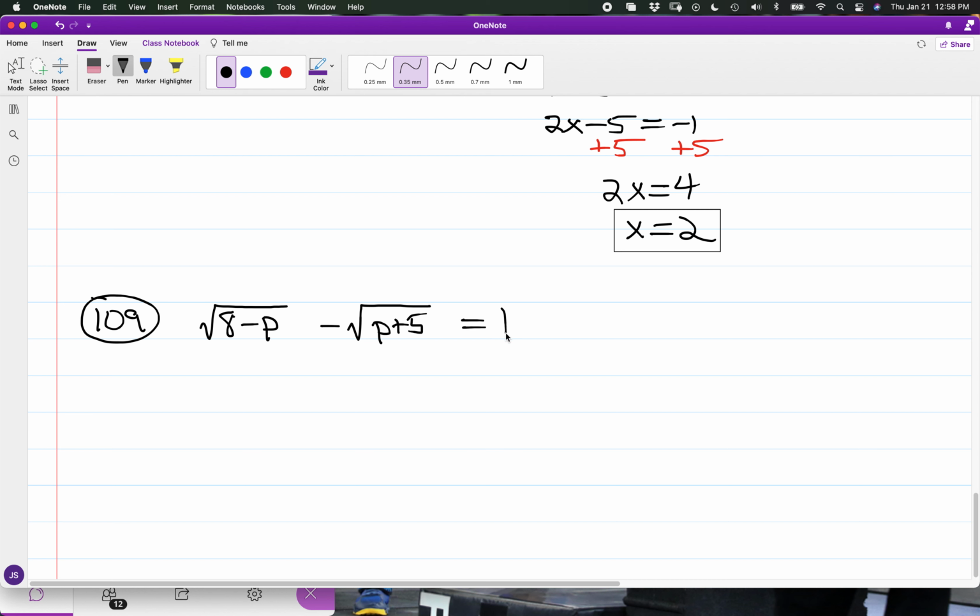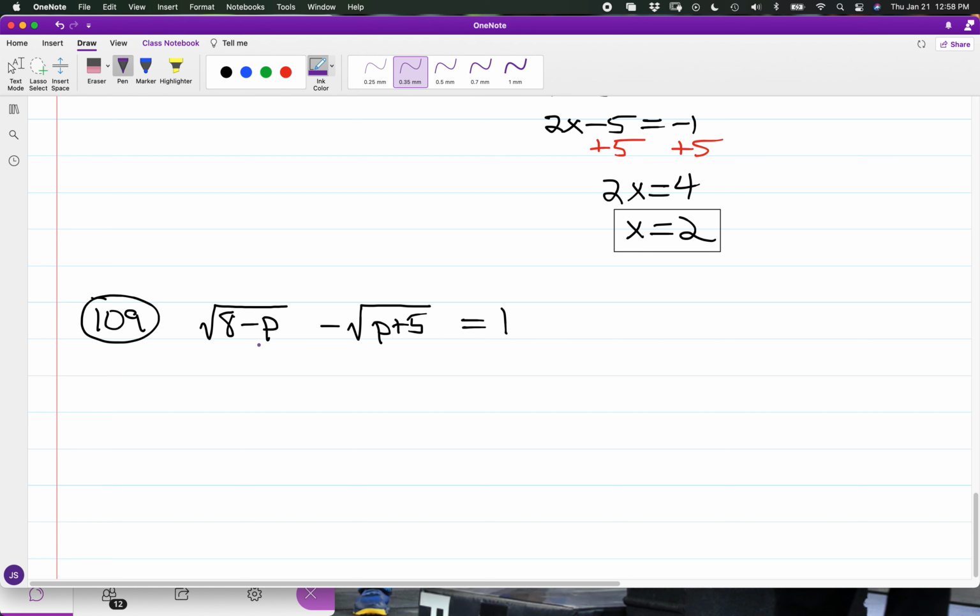Now this problem is kind of a different beast. Just for some of the techniques, this will give us a smooth transition once we start to look into complex numbers.